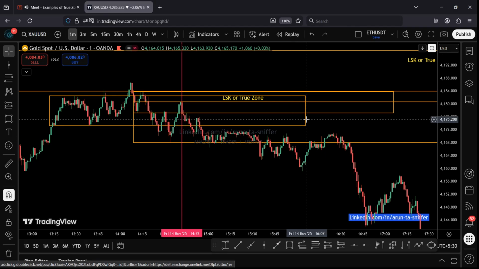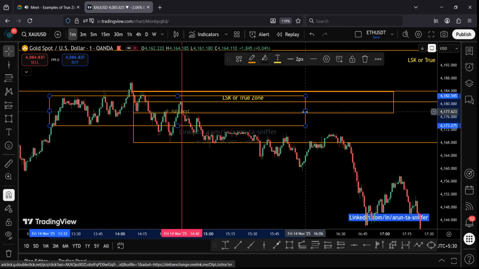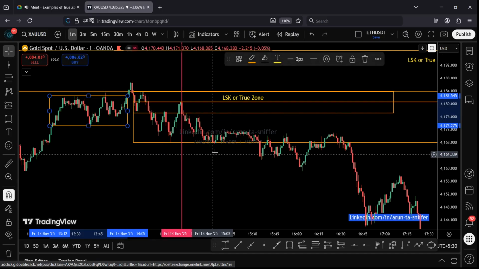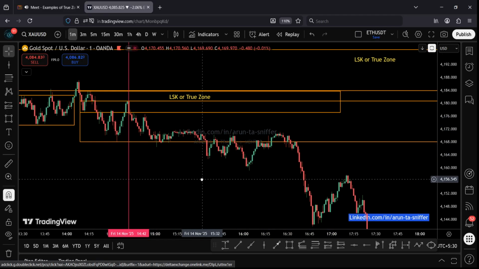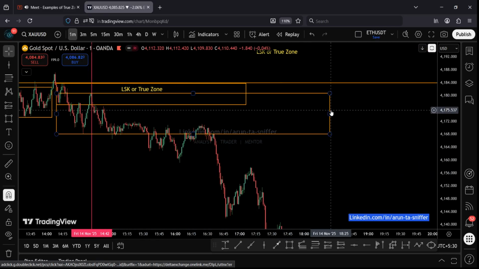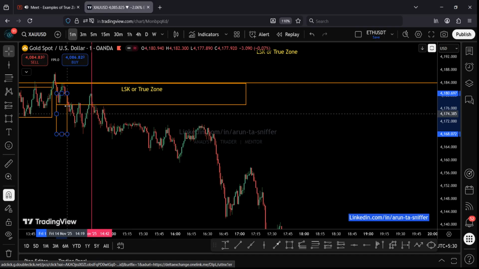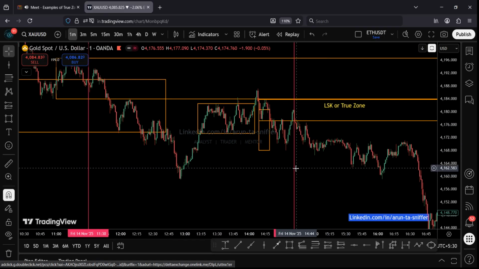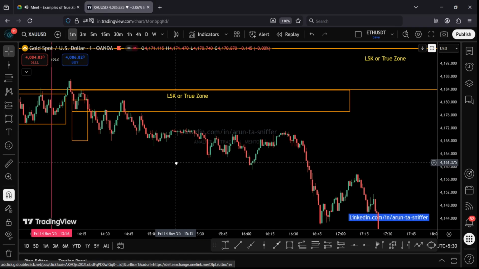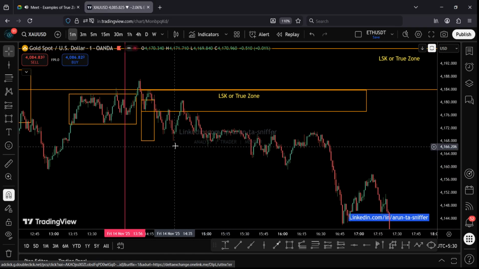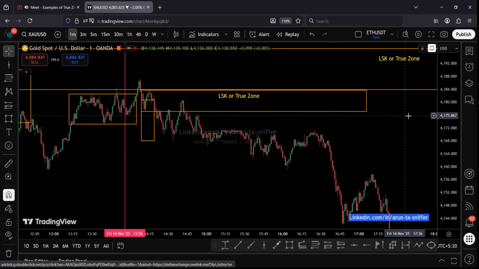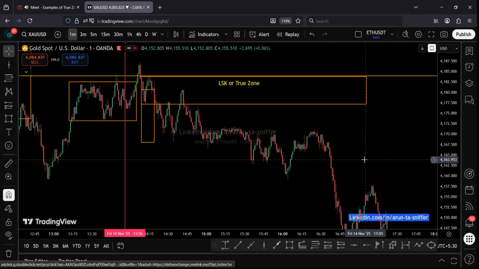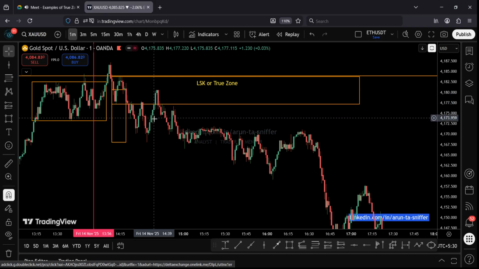So what I am doing here, I am deleting this. Back here so we can see much more clearly. Okay, this one. So you can see clearly we are hitting here the true zone. Look at this, price goes up.